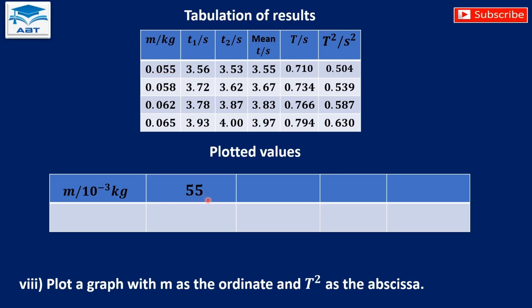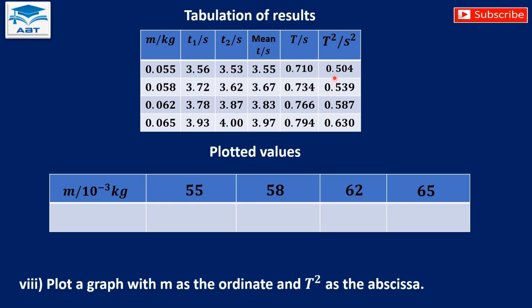We want to see the values like whole numbers so that it will be easy to plot. So for the next value, when we move the point 1, 2, 3, we have 58. The next one will be 62, and the next one will be 65.